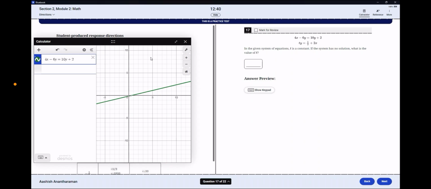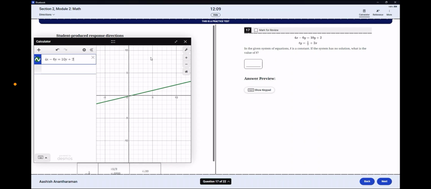On the top equation, we're going to have negative 16y on the left, and on the right, we're going to have negative 4x plus 2.